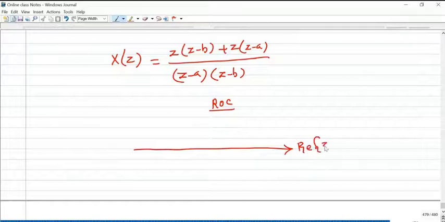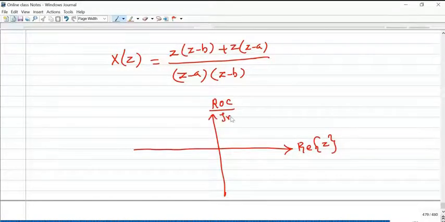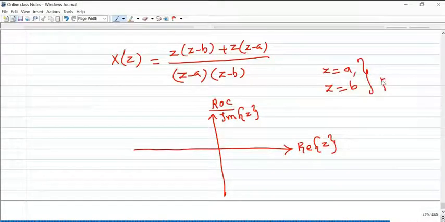So real part of z on the x-axis, imaginary part of z on the y-axis. Z equal to a, Z equal to b. There are two poles now, the roots of the denominator, right? Z equal to a, Z equal to b.